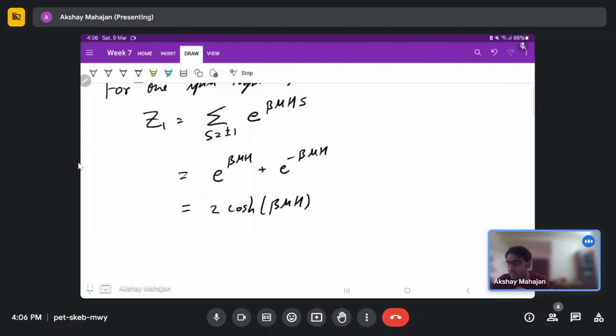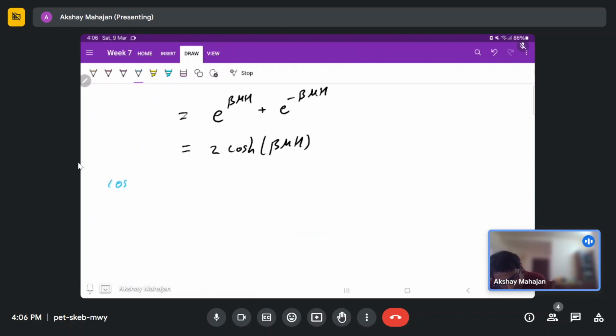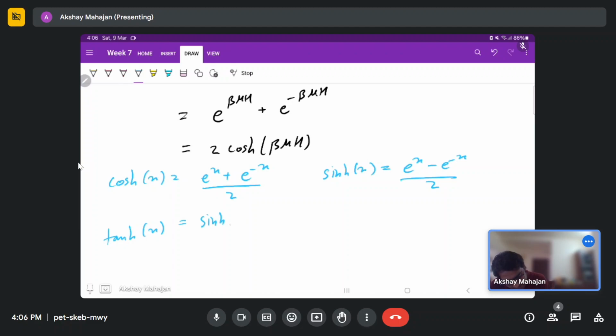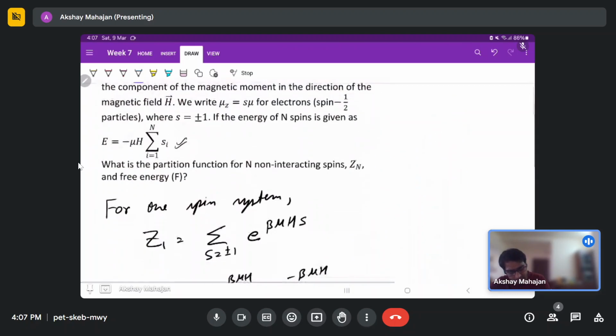Just in case someone doesn't remember, because we are going to use this a lot in these magnetic problems: cosh x is given by (e^x plus e^-x) divided by 2, and sinh x is given by (e^x minus e^-x) divided by 2. Similarly, tanh x is sinh x by cosh x, that is (e^x minus e^-x) upon (e^x plus e^-x), and coth x is cosh x divided by sinh x, that is (e^x plus e^-x) upon (e^x minus e^-x).